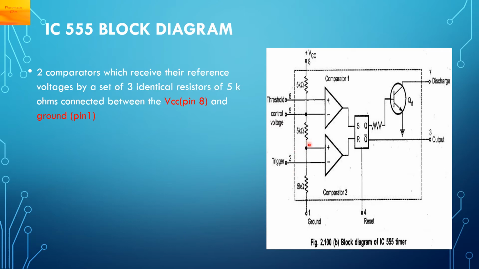Here at this point the voltage across this resistor with respect to ground, we get 1/3 of VCC, and the voltage at this point with respect to ground is 2/3 of VCC. So this plus VCC is pin number 8 and this ground is pin number 1.